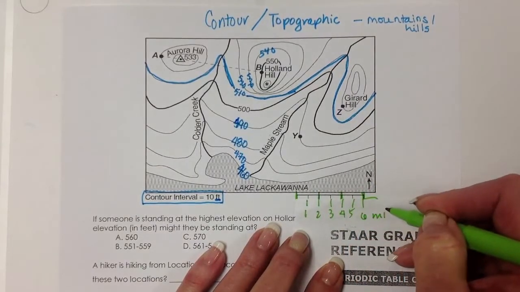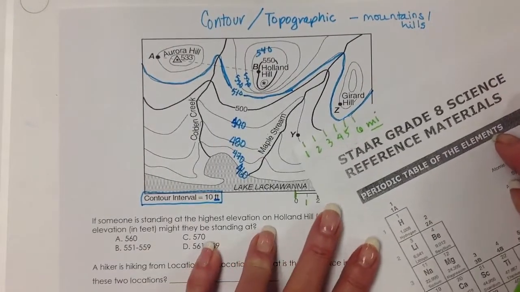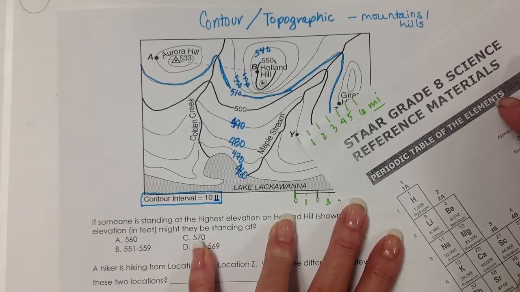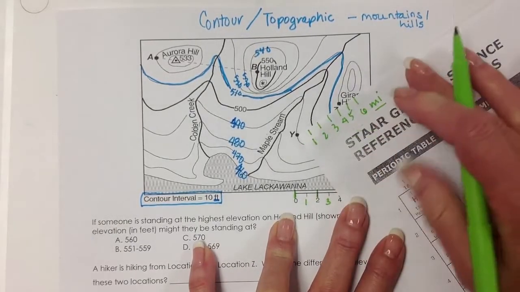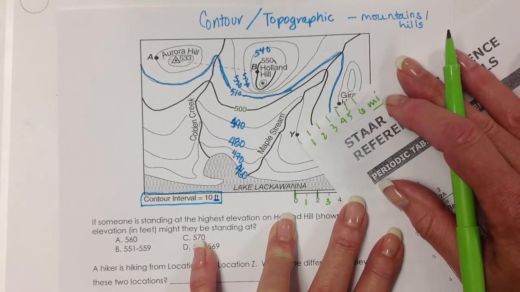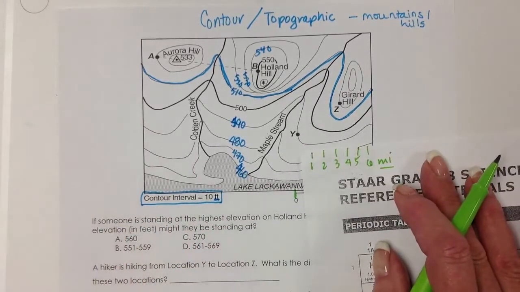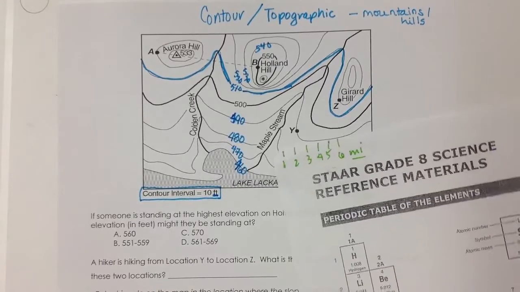And these would be miles, right? Because that's what it's telling us it's measuring it. And then you could measure any distance. So you could measure from point Y to Z, which would be from here to here. I would say approximately 4.5 to 5 miles. So there you go. That's how you would use that on an actual STAR test and measure distances.